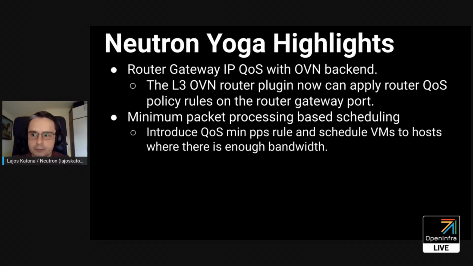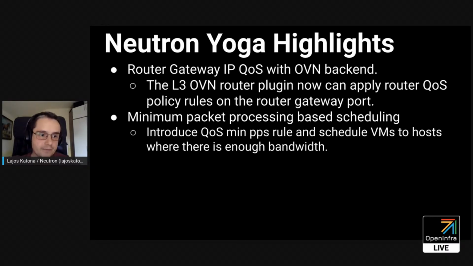There was another feature in this cycle for quality of service, and it was again a cross-project activity between Nova and Neutron. Like in the previous cycles, we worked on quality of service and scheduling available for VMs which use minimum bandwidth.